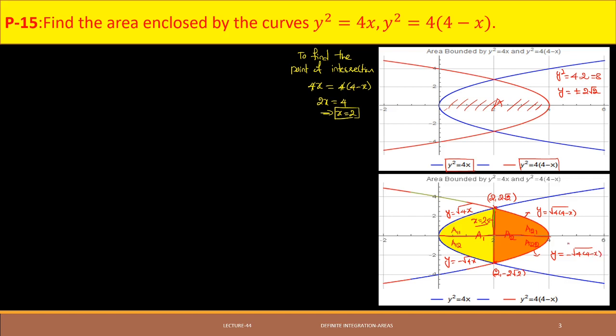Now let us find out the required area. Let me write down whatever is being discussed here. Here is the solution.